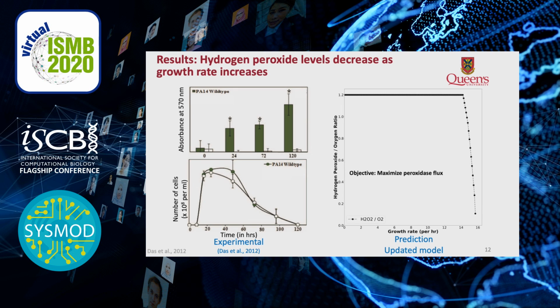Since pyocyanin metabolism is associated with the generation of reactive oxygen species such as hydrogen peroxide, next we wanted to determine whether the updated model can predict growth-dependent hydrogen peroxide production as suggested by the experimental results in the study published in 2012. The model can qualitatively show that at higher growth rate, hydrogen peroxide levels are low.